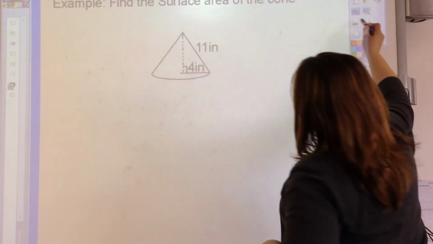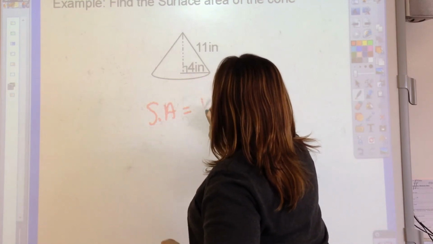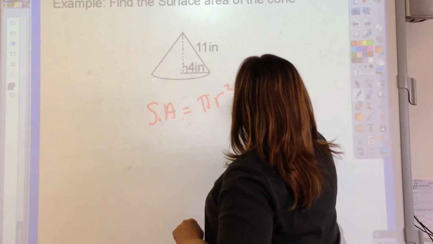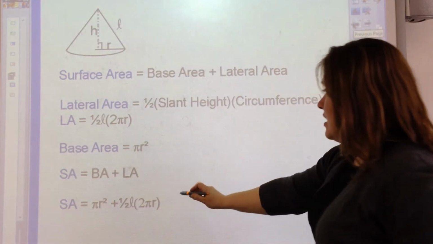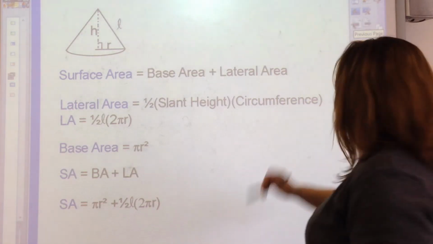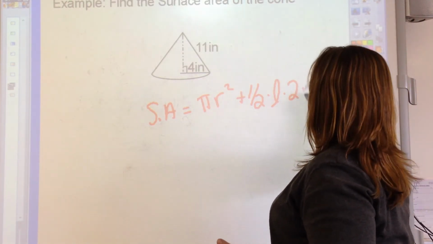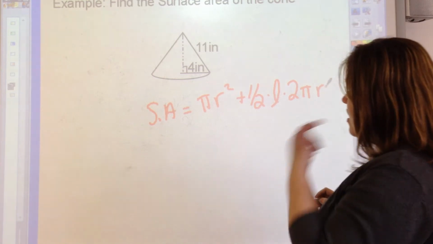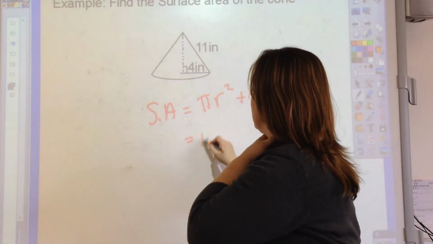So when we come over here to actually try it, we're going to call this surface area equals pi r squared plus 1/2 times the slant height times the circumference. And circumference is 2 pi r. Agreed?